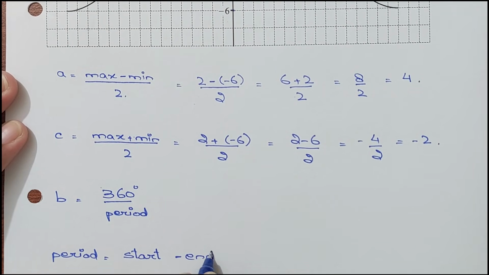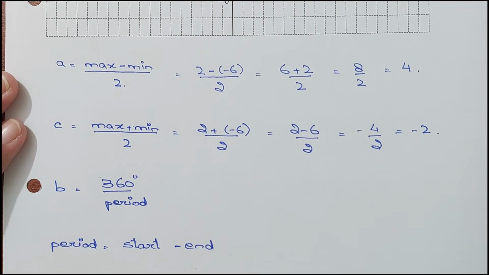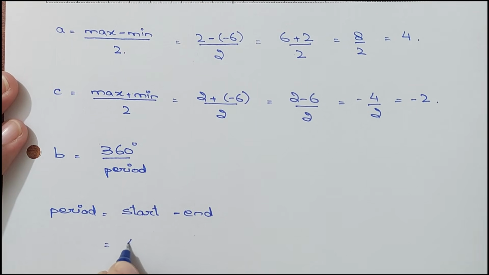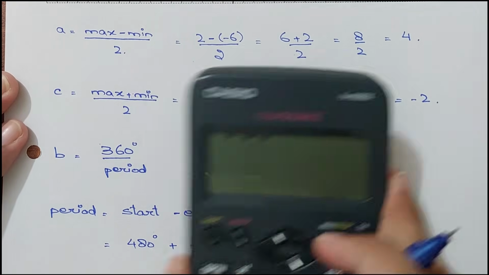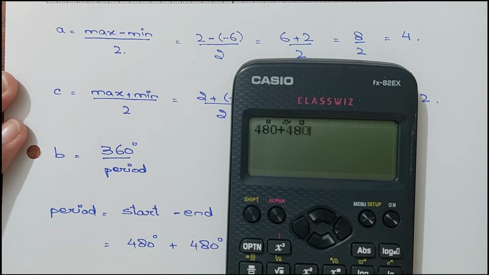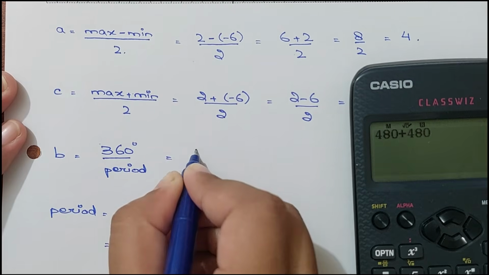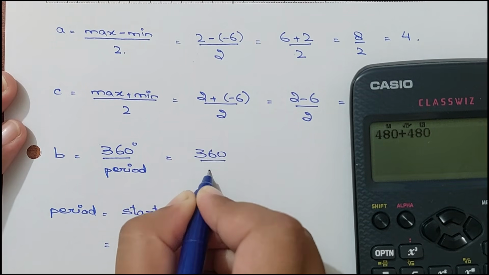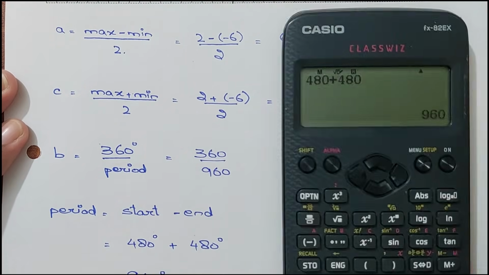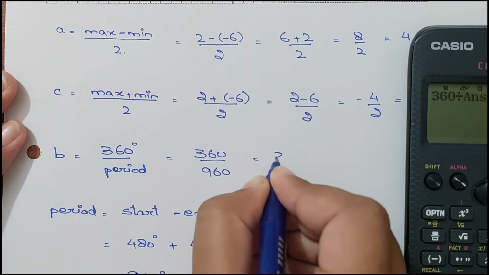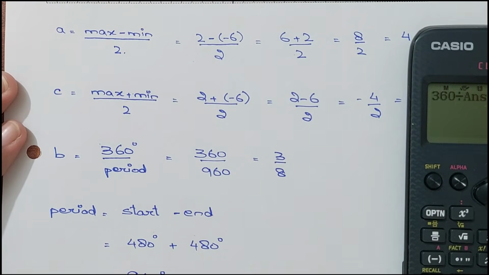The difference between the starting point and the ending point is the period. That is 480 plus 480, which is 960 degrees. Substituting, this is 360 over 960, which simplifies to 3 by 8. So 3 by 8 is the b value.